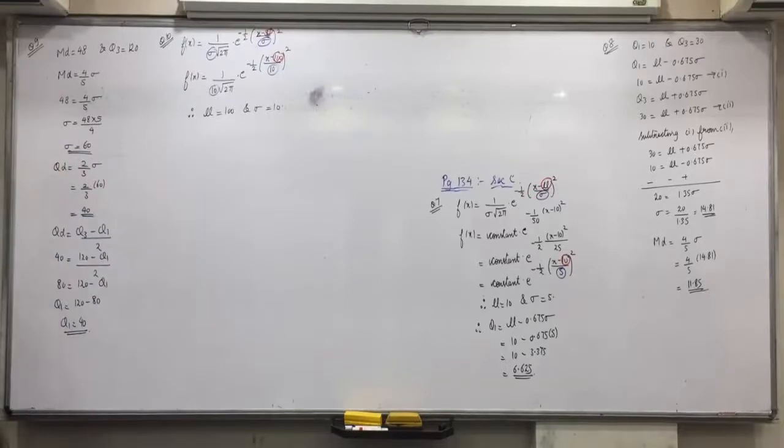Yes. Let x1 to x2, limits means we discussed earlier x1 to x2. Let x1 to x2 be the limits of middle 68.26% observations.